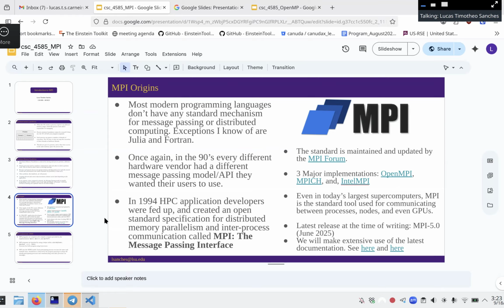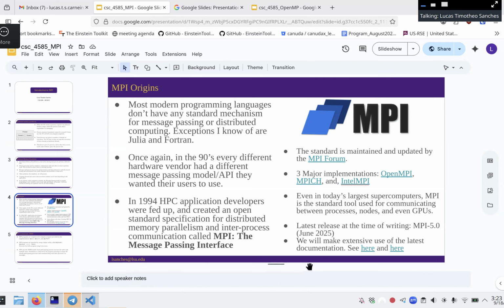These days, MPI can even be used to communicate with different GPUs across different nodes. You can send memory from one GPU or compute device to another compute device in a different node, and it just works. So MPI is still super important and super relevant. And if you go into HPC, you're surely going to have to deal with it at some point.